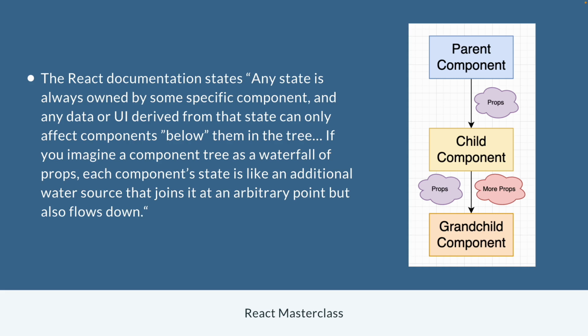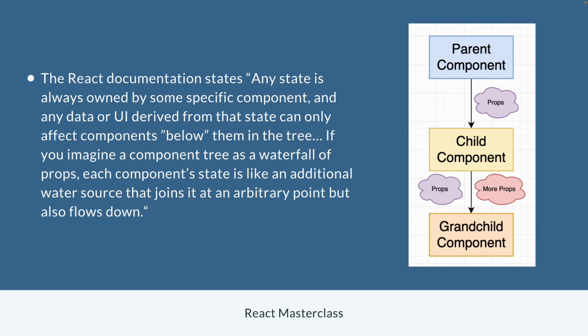But the child component can also introduce new data or new props, that is that red bubble to the right, that also flows down to the grandchild. So this is a totally valid pattern. It's just to demonstrate the idea that these props can continually flow down many different levels or layers down your component hierarchy.